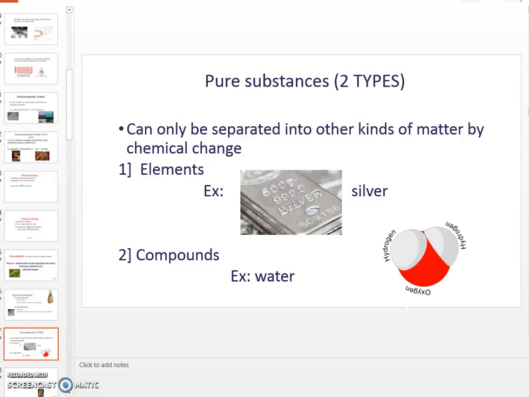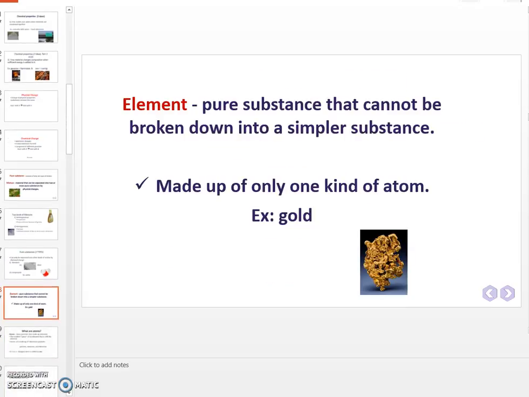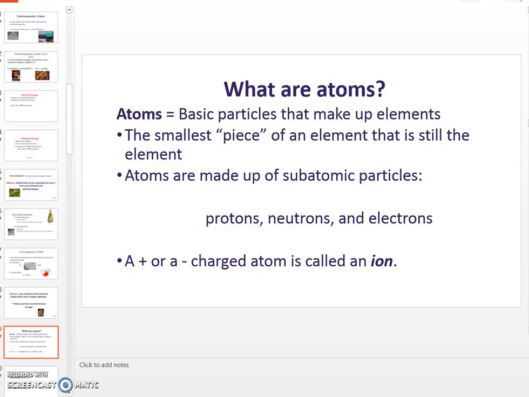Those compounds could be the same element, or they can take into account different elements, like hydrogen plus oxygen gives you water. Carbon plus oxygen gives you carbon dioxide. Okay, so we talked about that.